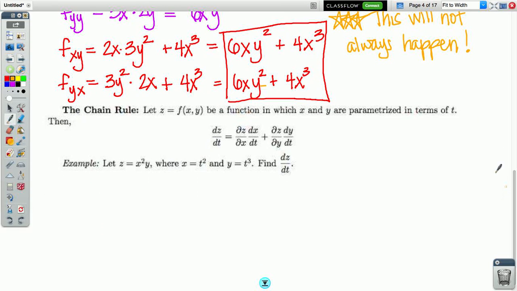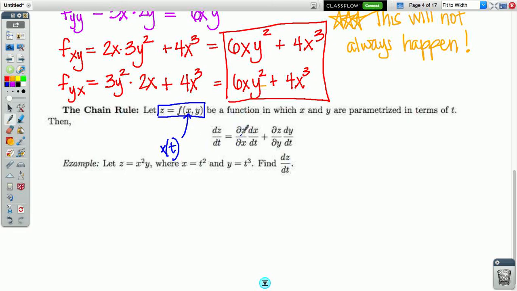Now, once we start differentiating, we need to talk about our favorite rule of differentiation, which is called chain rule. Chain rule would happen when you have these inside functions also being a function of another variable. So maybe these things are parameterized in terms of t or something like that. And then chain rule uses partial derivatives.